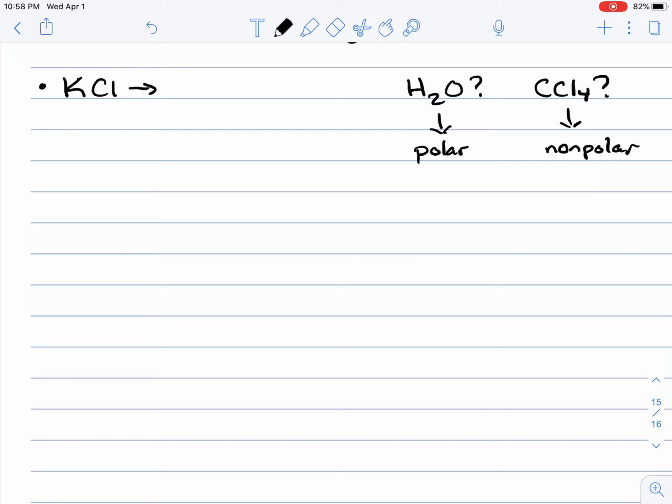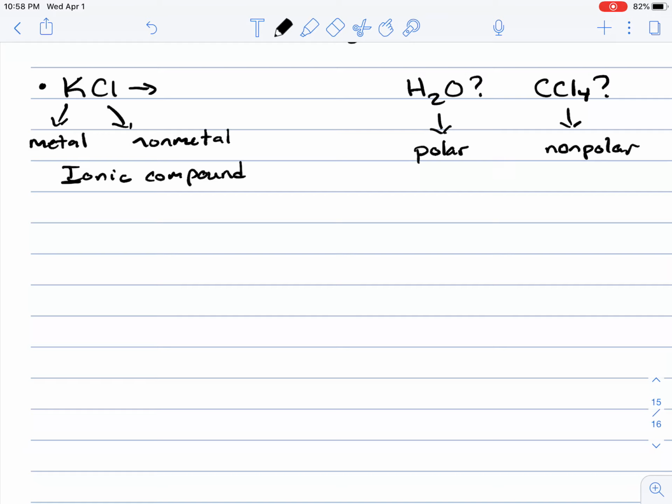Now, if you look at the compound that we have, KCl, since K, or potassium, is a metal, and Cl is a nonmetal, what we have here is an ionic compound. And when we have an ionic compound, we don't use the rules to determine the Lewis structures.